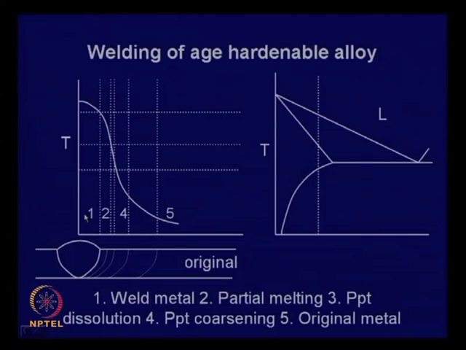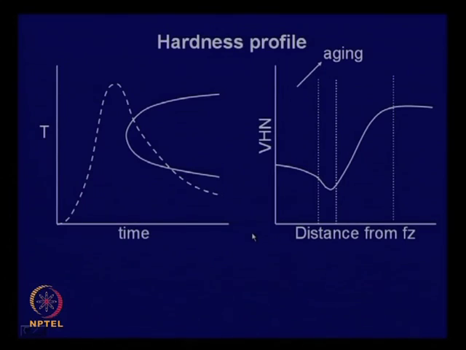So, here also you will have a composite structure, starting from the cast metal through the partially melted zone, then the zone with coarse precipitates, and in some cases that extreme case, very far from the fusion zone, you will have the weld metal. And here also it is possible to compare or predict the microstructure.